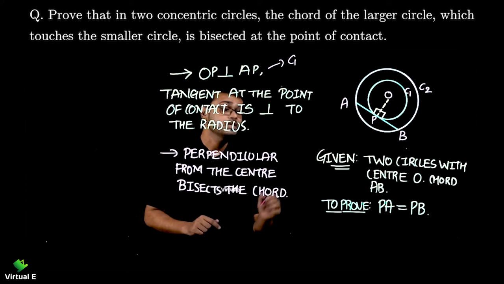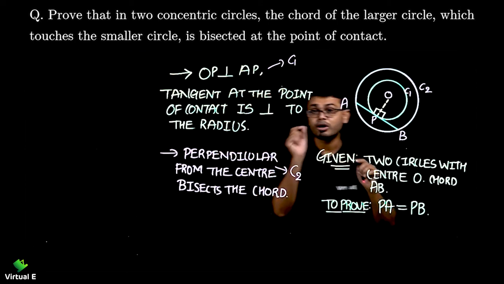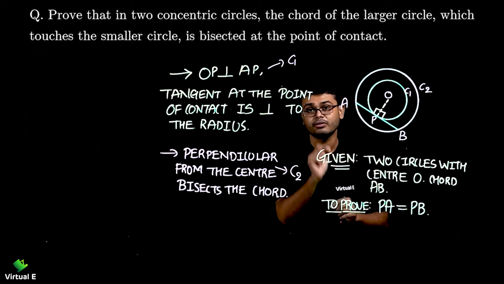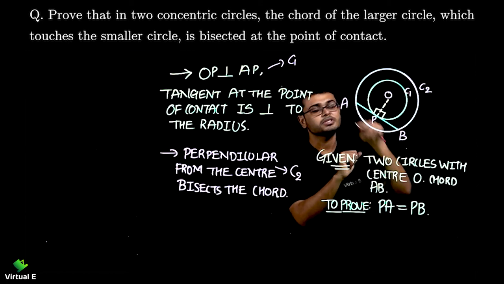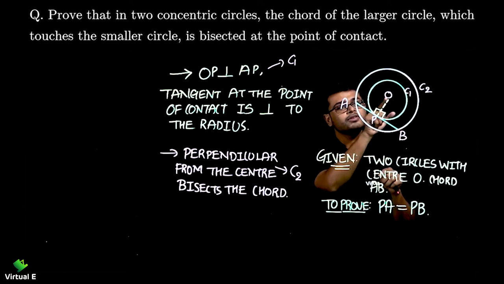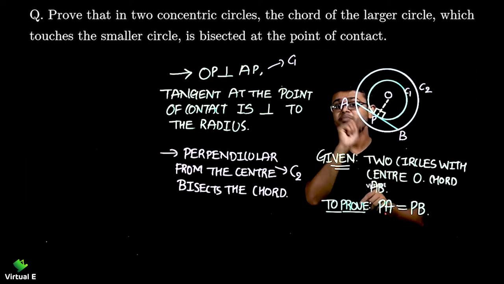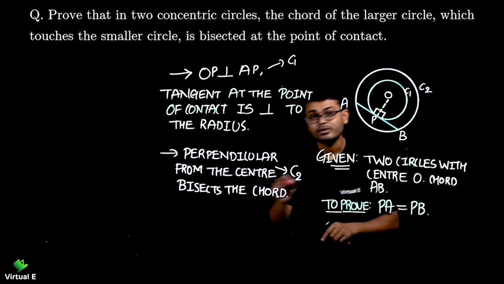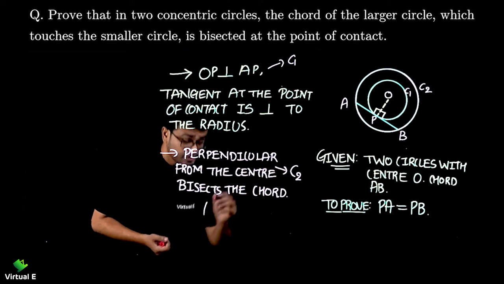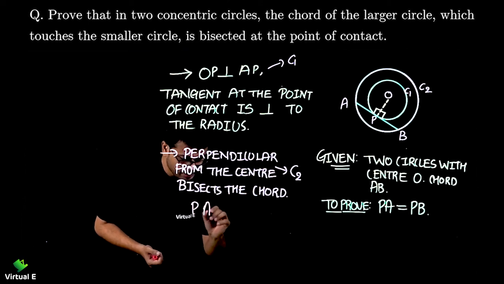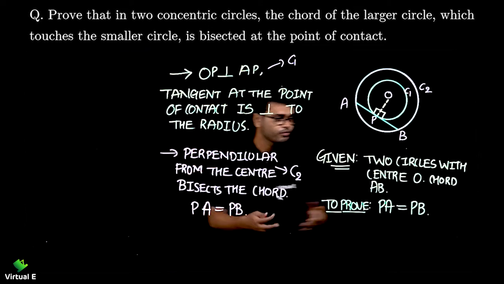Now we are going to do this with reference to circle 2. We are talking about the chord, we are not talking about the tangent now. So the chord is AB, forget the inner circle for a while, and consider the outer circle only. If you join the center with P, that is 90 degrees, it is perpendicular, and if it is perpendicular, it is going to bisect. So we can write directly that PA is equal to PB. We have proved it. Very simple.